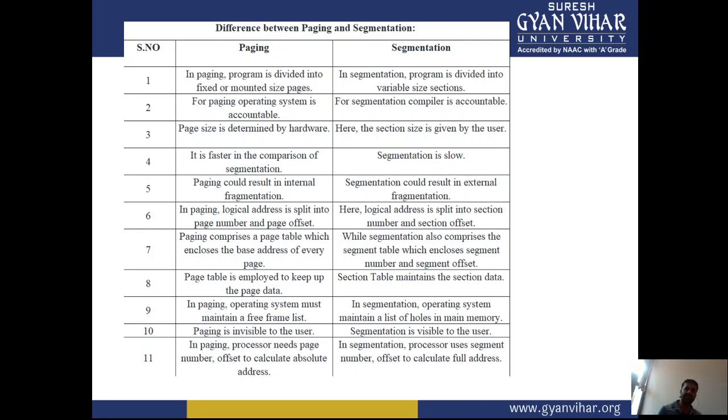Now if there is a certain difference, then in paging the program is divided into fixed size pages, right? But in segmentation the program is divided into variable size sections, right? So paging is fixed, but here there is a variable size, where segments are divided into different kinds of sizes.